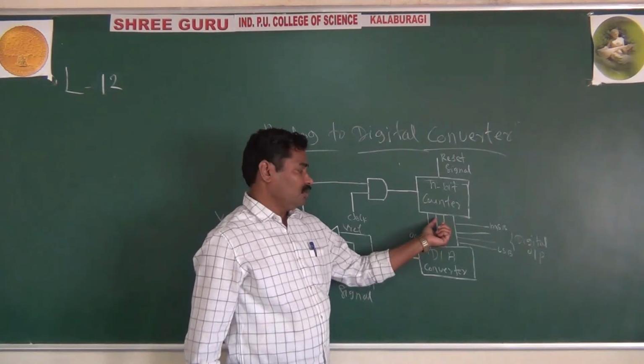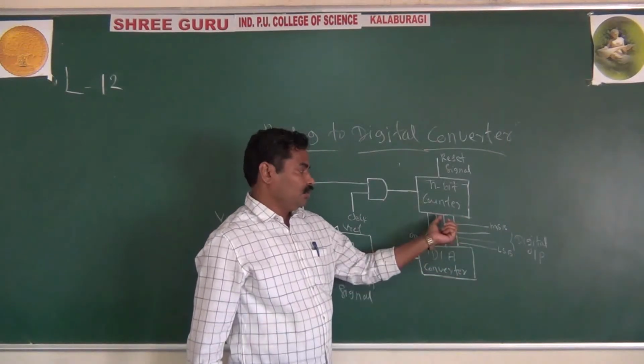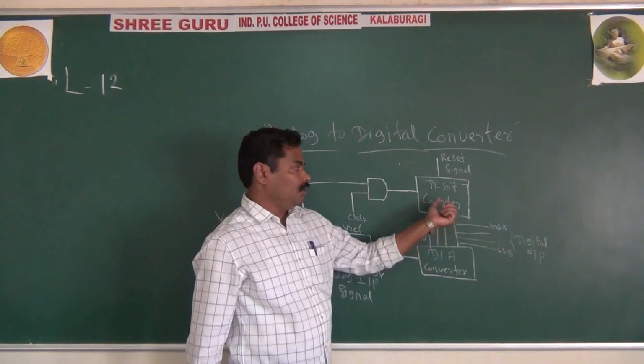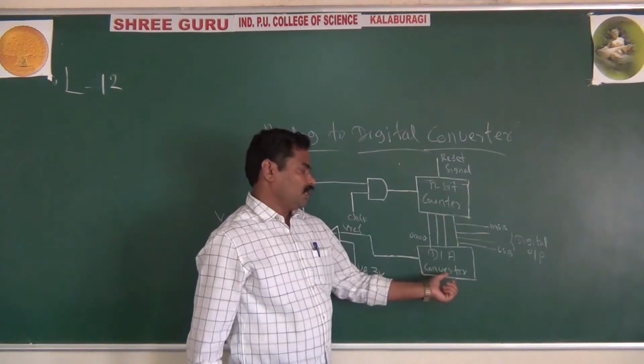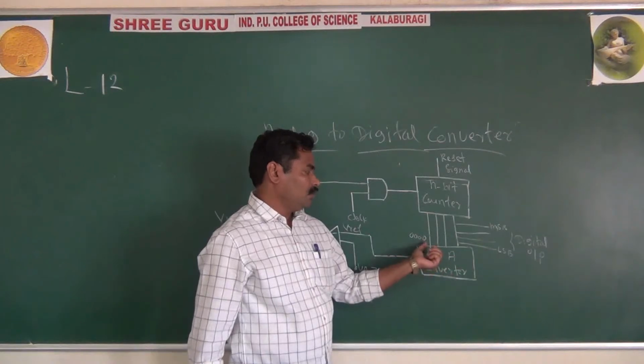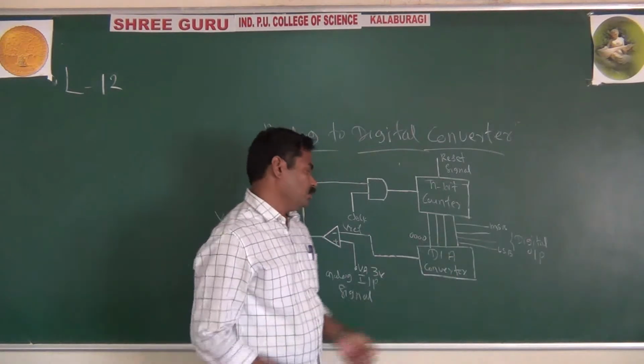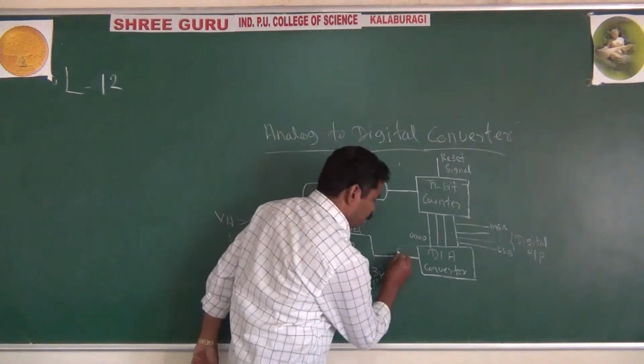This digital output of your n-bit counter acts as the input for the DAC converter. The DAC converter will convert this 0, 0, 0 digital input to an analog output, that is 0 volts.